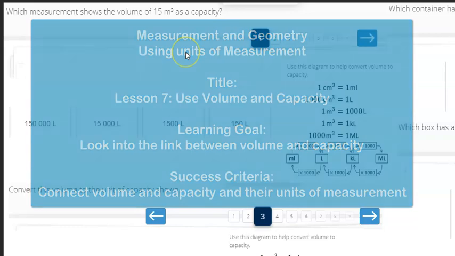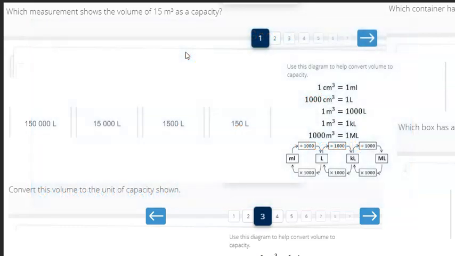Now with this one, there is a bit of confusion and it does get tricky towards the end of this skill with the questions, and that's mainly based on this unit conversion here, which shows you a volume of some sort, whether it's cubed centimeters or cubic meters, and the conversion from one to the other in regards to milliliters, liters, or kiloliters or megaliters.